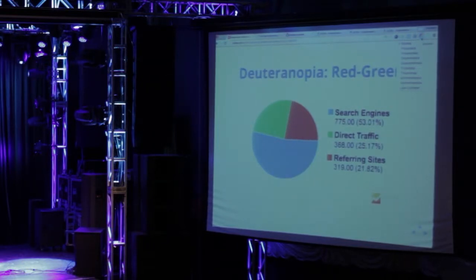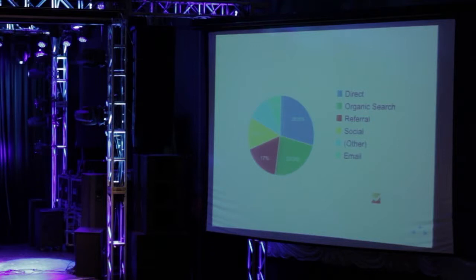So let's see how well it works with deuteranopia, which is one of the most common types of color blindness, and the main color problems are red and green. So we can see that it doesn't do very well, but thankfully, the legend has all the information that is necessary. But this kind of renders the visualization useless.